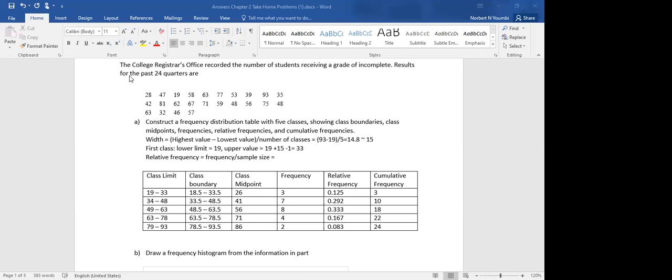The bin is B1 to B24. So I want the range, I will just place it here.